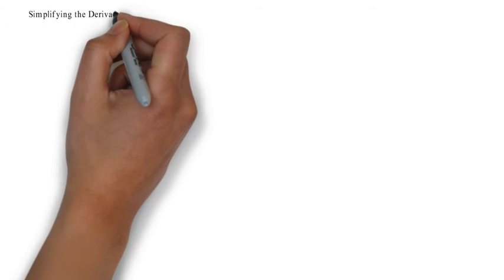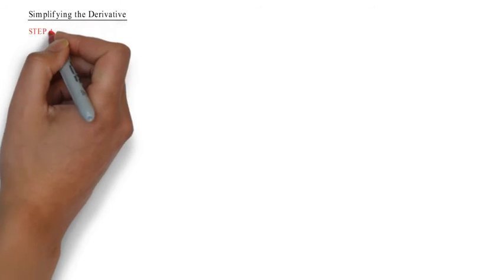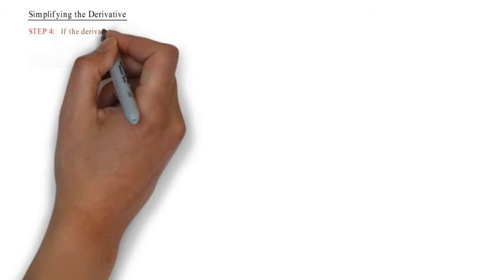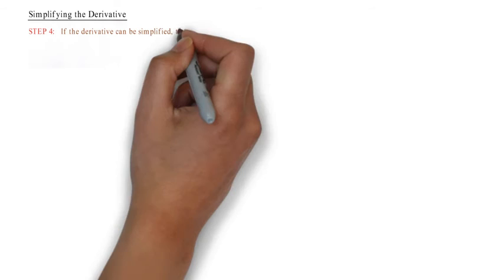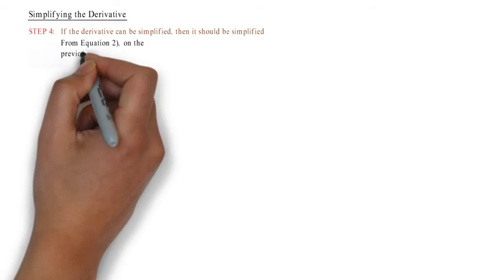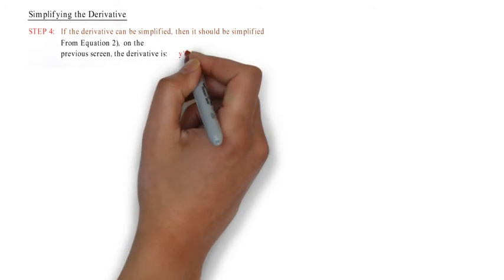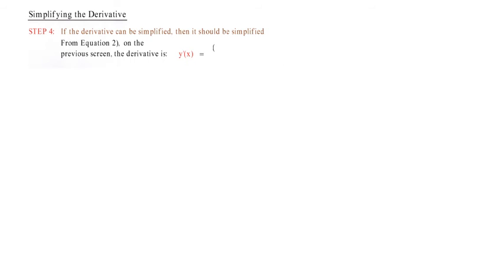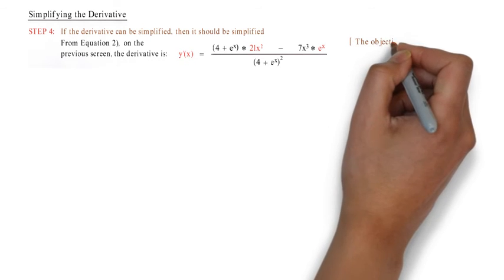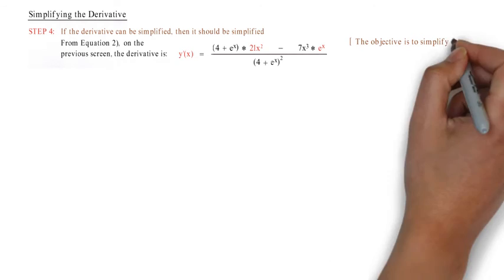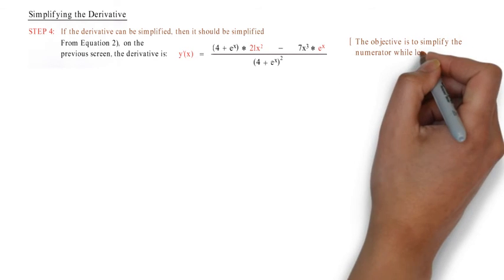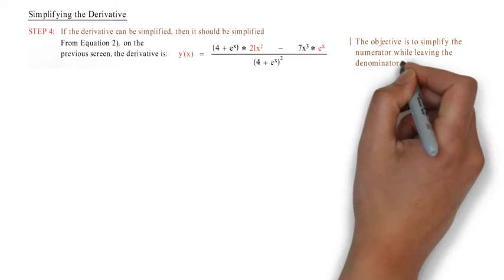Simplifying the derivative. Step 4. If the derivative can be simplified, then it should be simplified. From equation 2 on the previous screen, the derivative is y'(x) equals. The objective is to simplify the numerator while leaving the denominator unchanged.